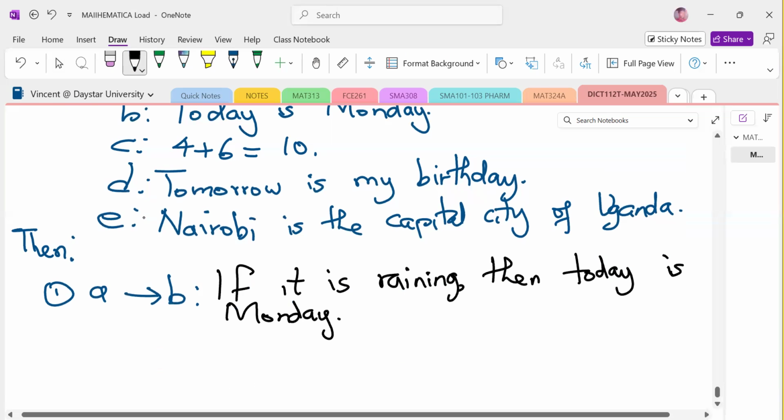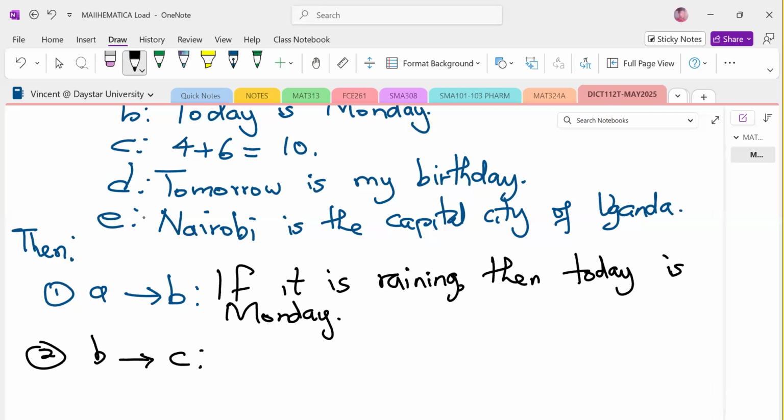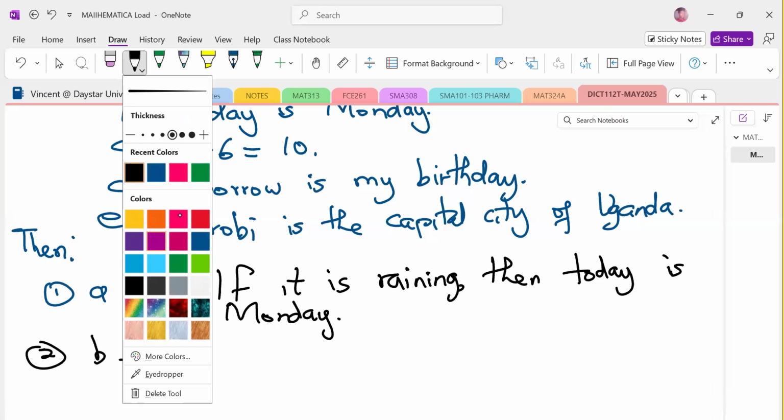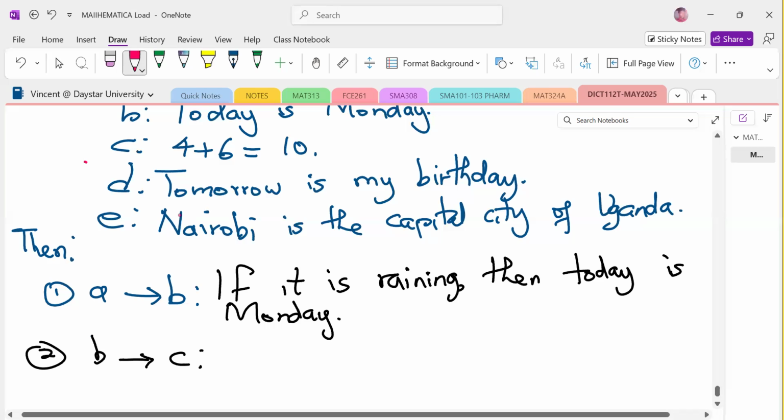Then what would be the meaning of this statement? Correct.